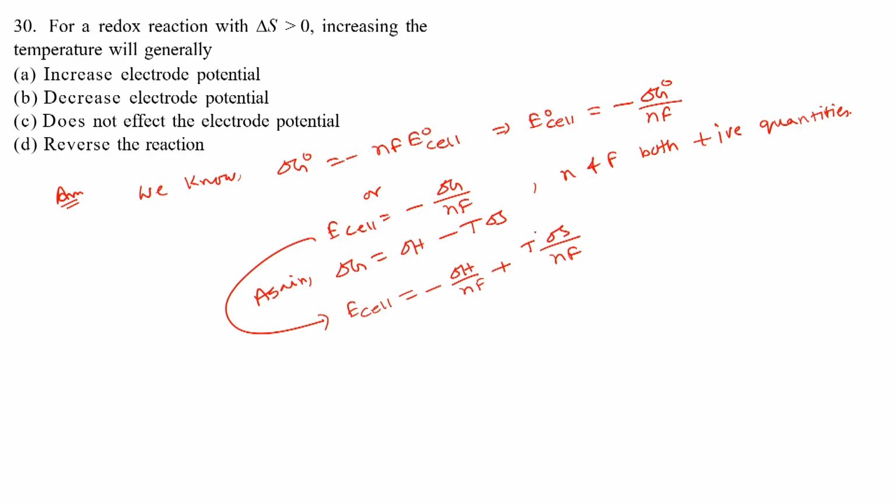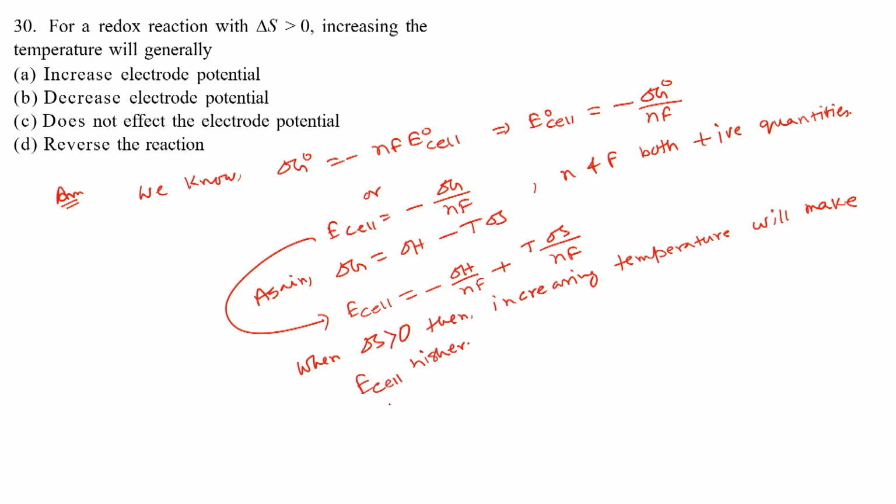So if we increase temperature, when delta S is greater than 0, increasing temperature will make E cell higher, or in other words, increase the electrode potential. So option A is the correct option.